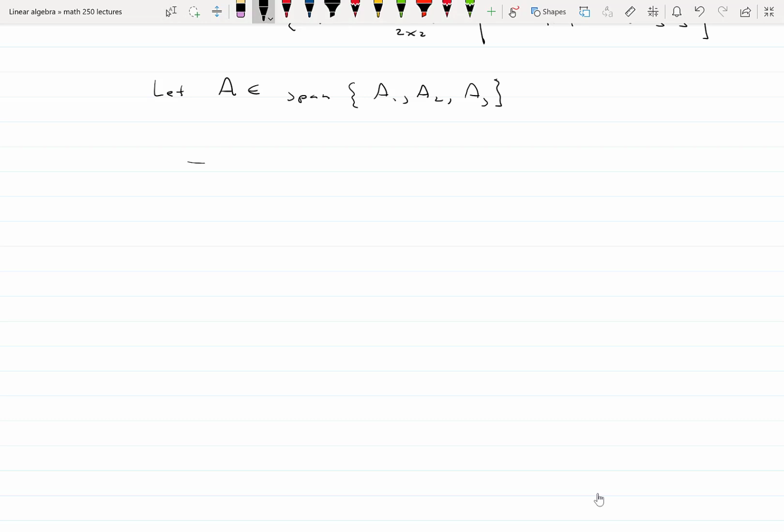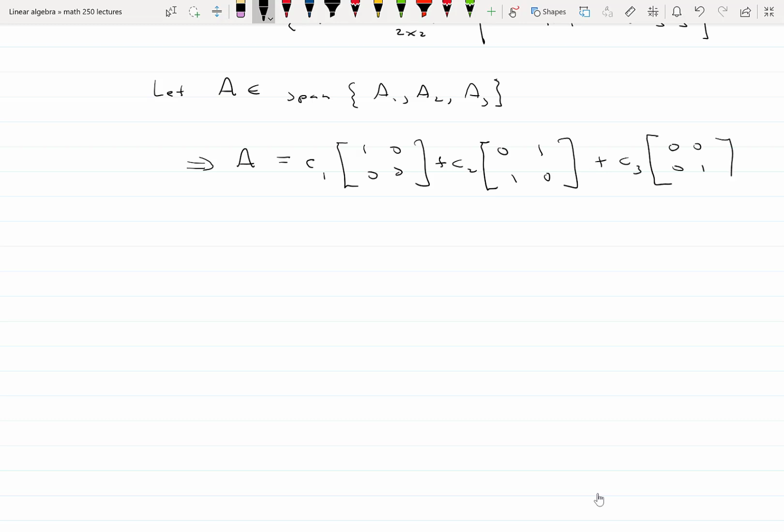That implies that A equals C1 times 1, 0, 0, 0, where C1 could be anything, plus C2 times 0, 1, 1, 0, plus C3 times 0, 0, 0, 1.